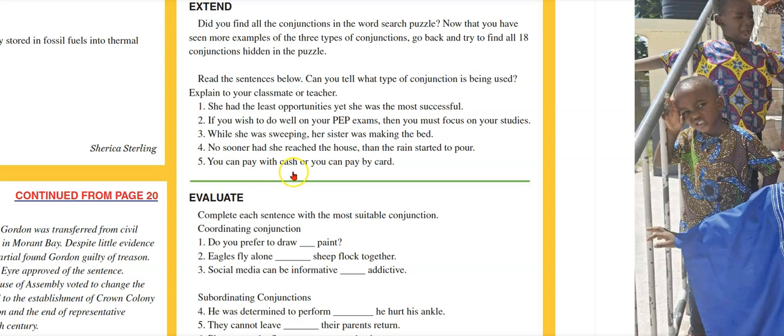You can pay with cash or you can pay by card. So go ahead and put your answers, show us your answers in the appropriate sections below. So you look at, so I see yet here and or, right? No sooner than, what does that mean?